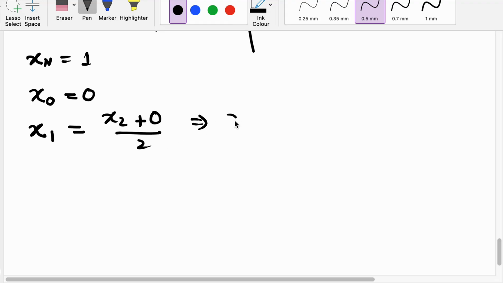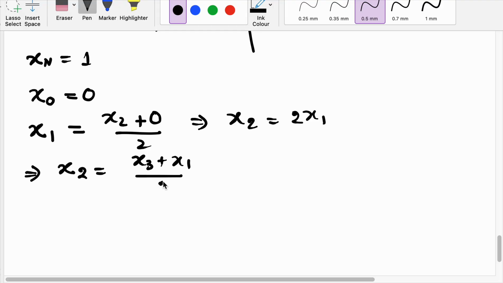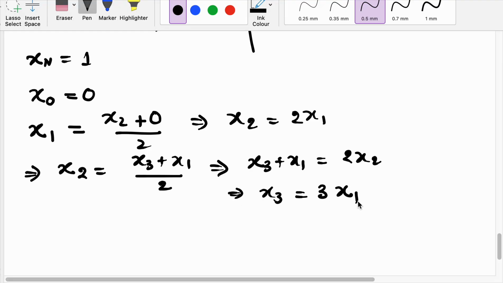So that means x2 will be 2x1. Now what will be the value of x3? x2 will be x3 plus x1 by 2, and it will give you x3 plus x1 equal to 2x2, and if you put the value of 2x2 you will get x3 equal to 3x1.